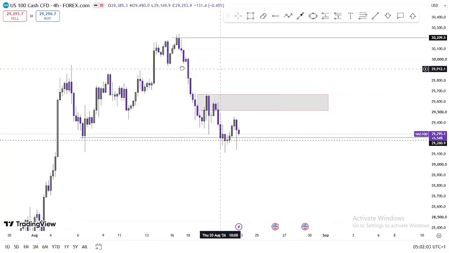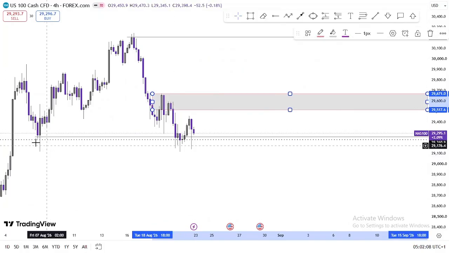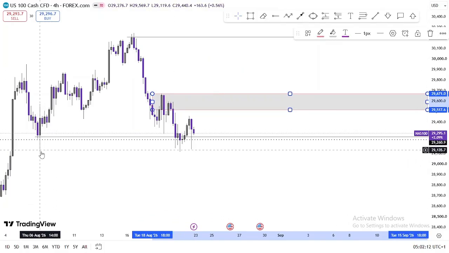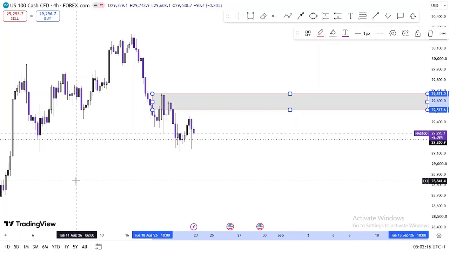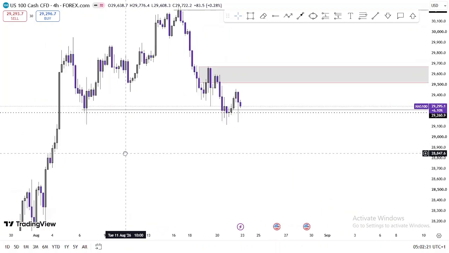Going into next week, we can see that price is attempting to break this area here, but it hasn't fully broken it. We still have price respecting this area, so we haven't seen a full break of that area yet.